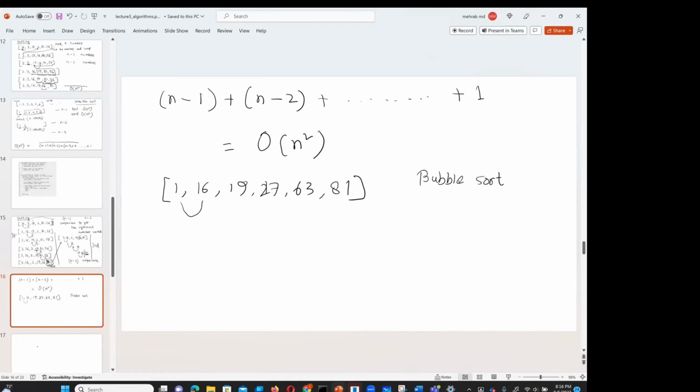You are comparing 3 with 16, nothing happens. Then 16 with 19, nothing happens. 19 with 27, 27 with 63, 63 with 81, right? Nothing happens. So only after all these comparisons can you say, okay, my largest number is here, right?